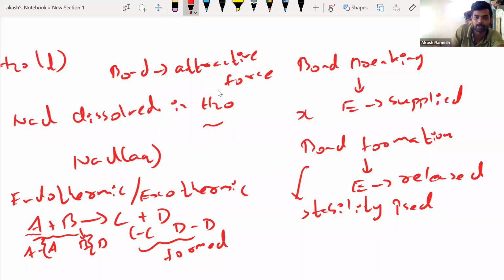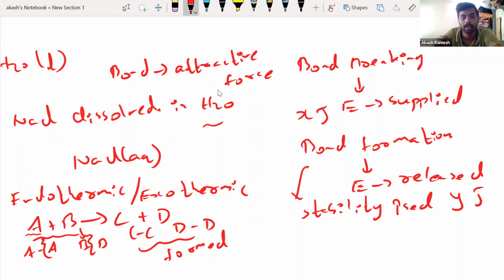Now you have to understand, say I have to quantify this. Say this is some X value, X joules. The unit of energy is joules. Now say this is Y joules. The energy released here is Y joules. For a particular reaction, whether the reaction is endothermic or exothermic depends on both the energy supplied as well as the energy released.